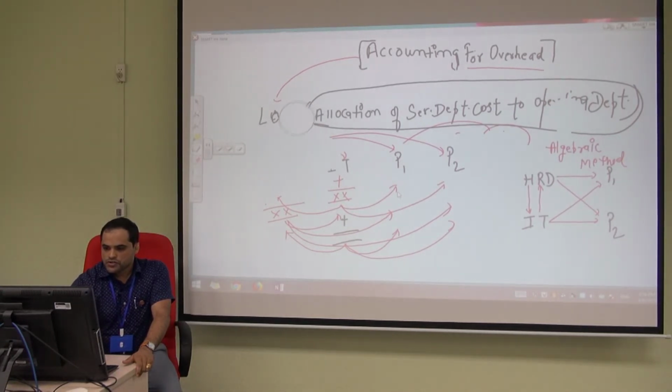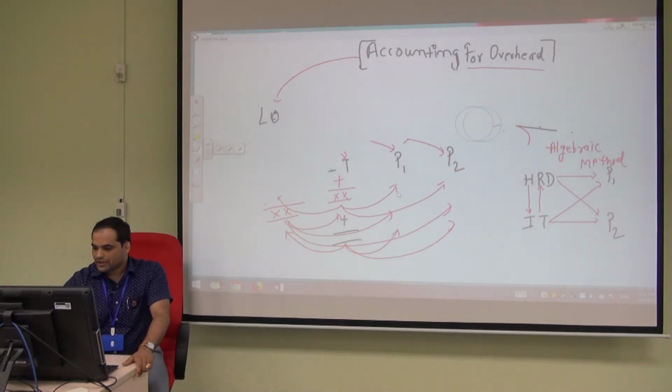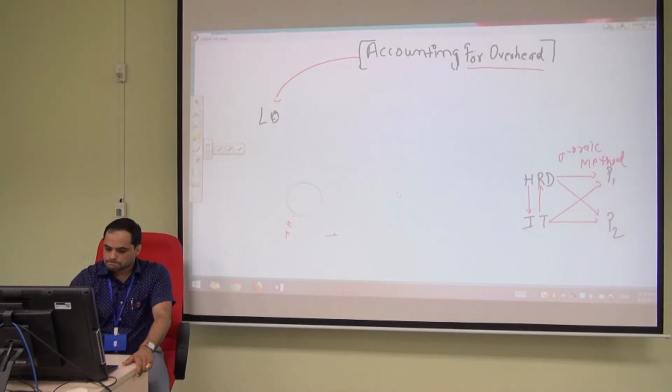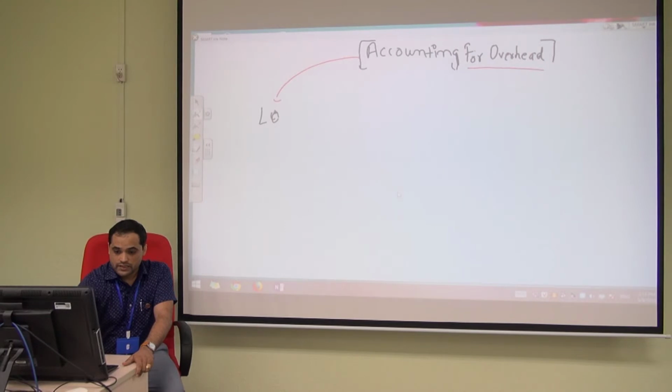Now we move on to our next very important learning outcome that's also going to be part of your final exam, which is the cost allocation method. Alright, indirect cost or overhead cost allocation method.